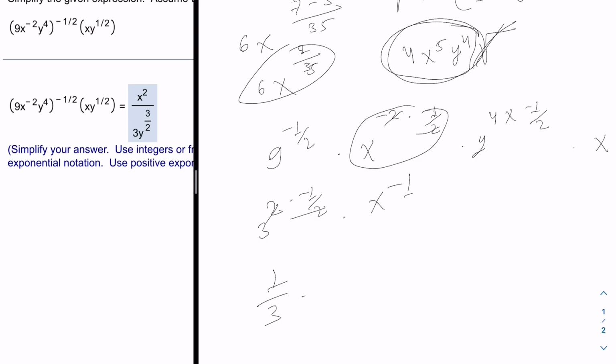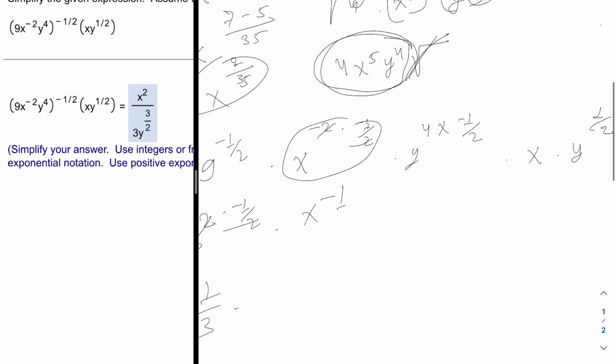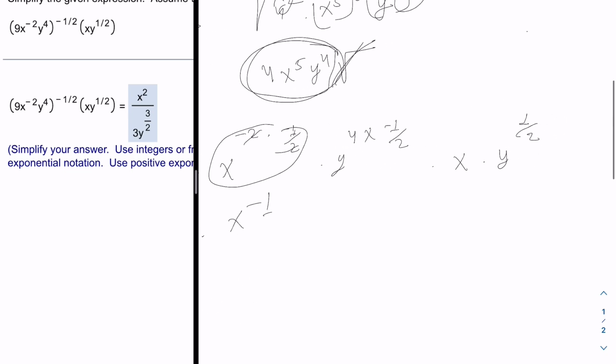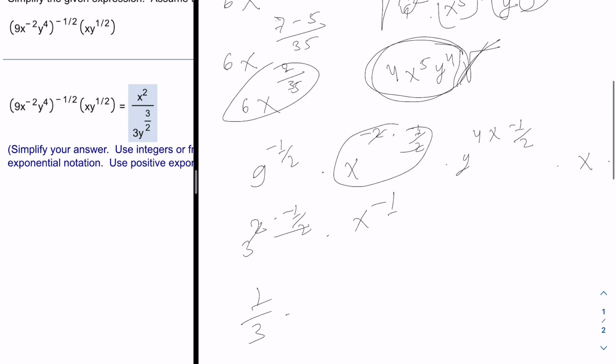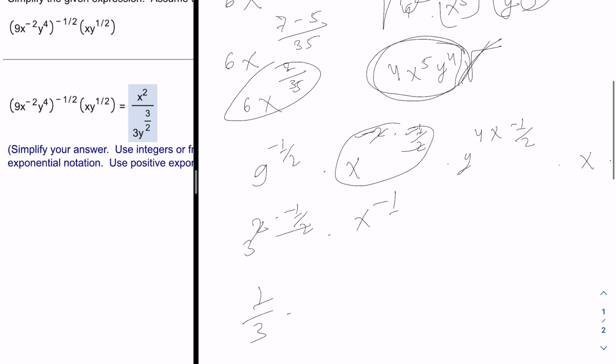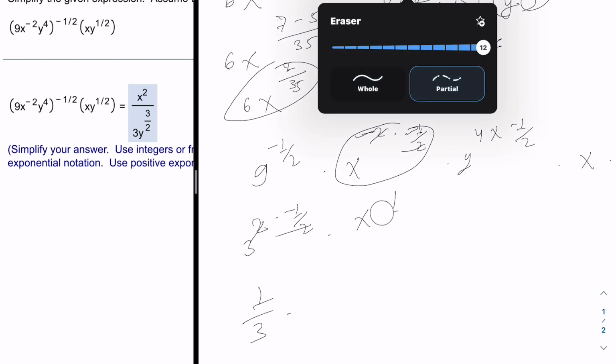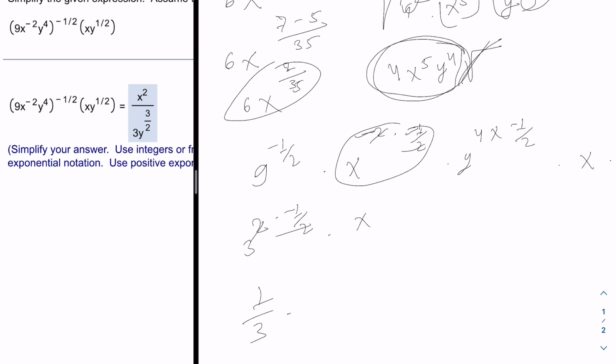minus 1, so even we have, oh sorry, here is minus, here is minus, so this will be plus. Okay. So this will be plus, so we have x into, then what's the value of y?